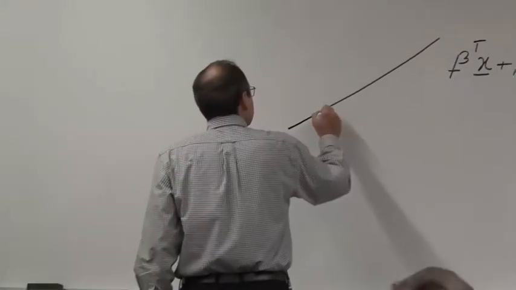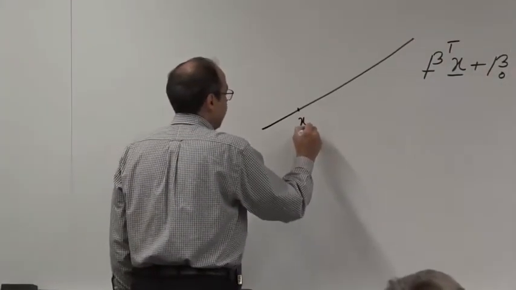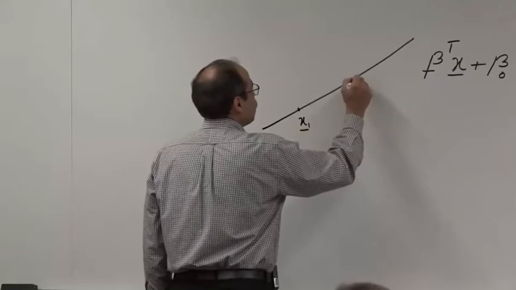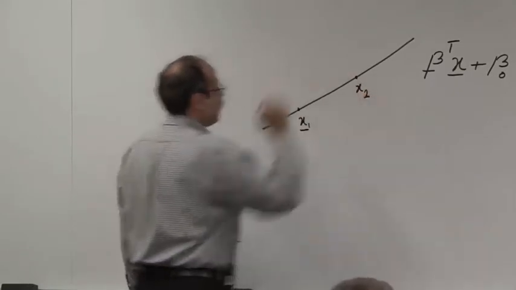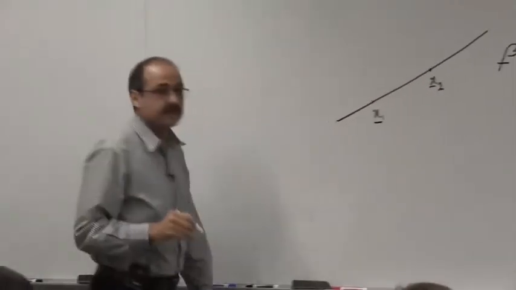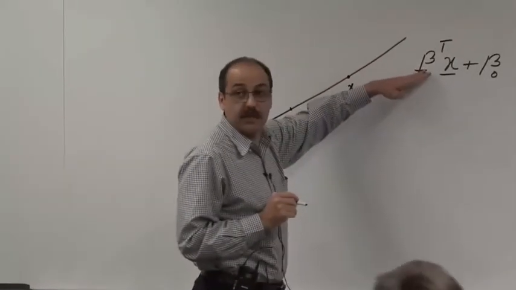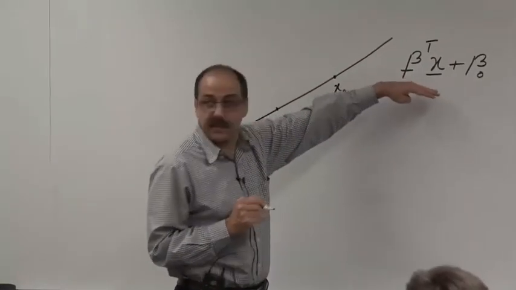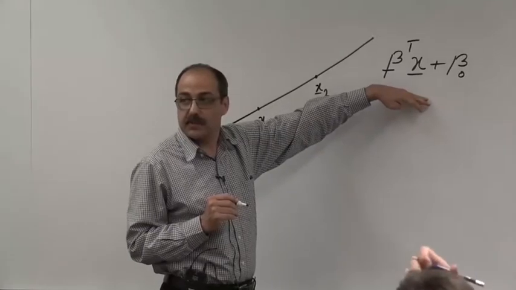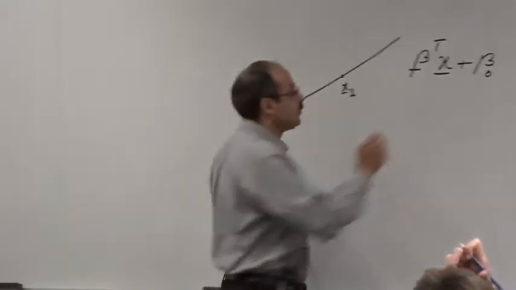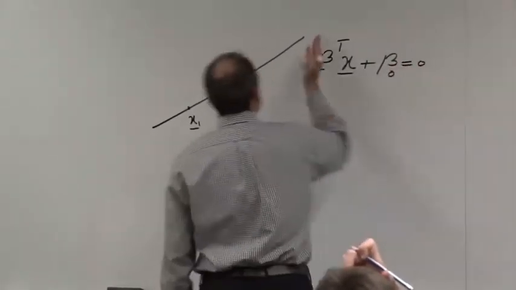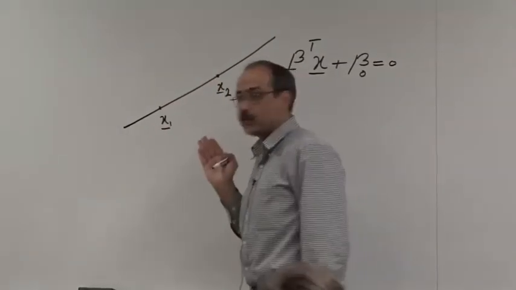If I choose 2 points, x1 and x2, on this hyperplane, both of them satisfy this equation, beta transpose x plus beta null equal to 0. This is the set of points that satisfy this equation.